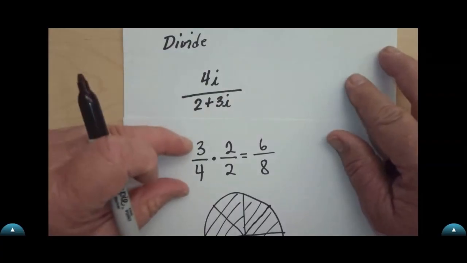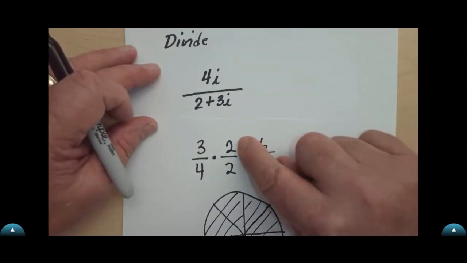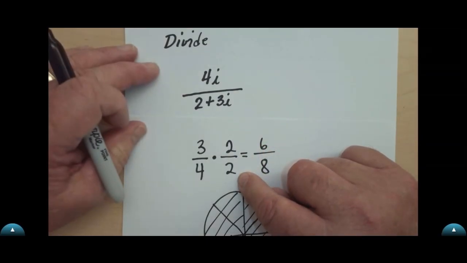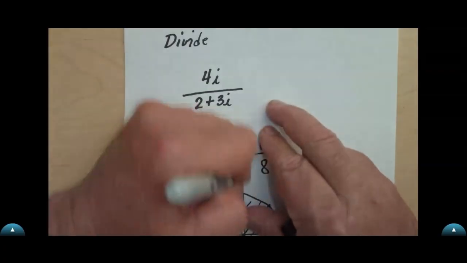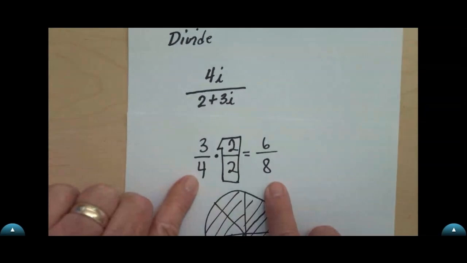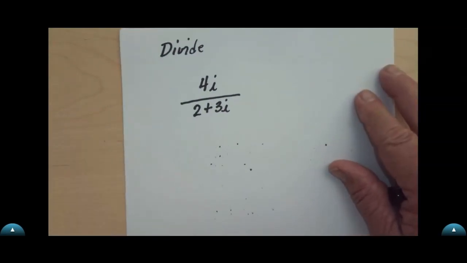So remember, if you have a fraction, you can always multiply it times some number over itself, as long as it's not 0/0, which is undefined, because that's just 1. And it doesn't change the value of this number 3/4. So we're going to do something similar to that.